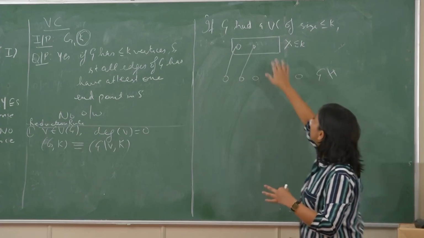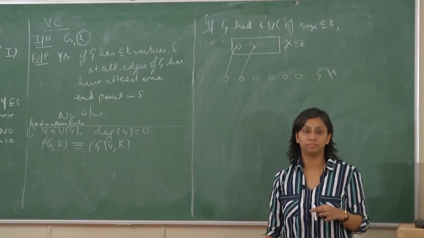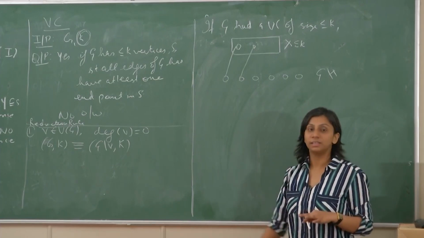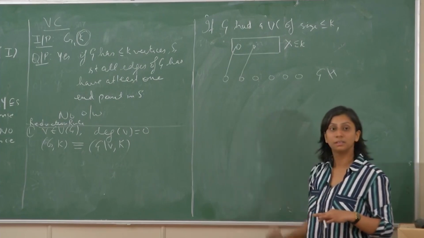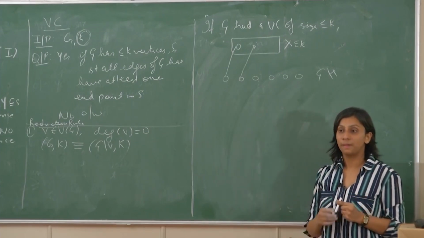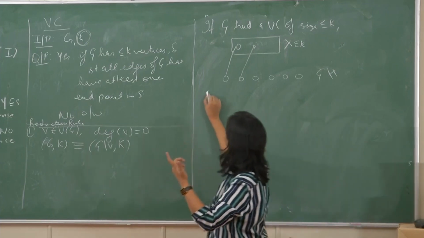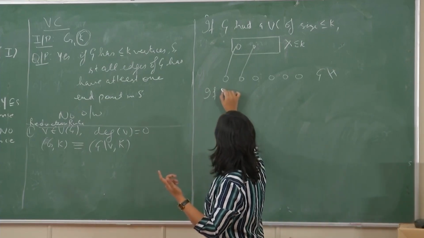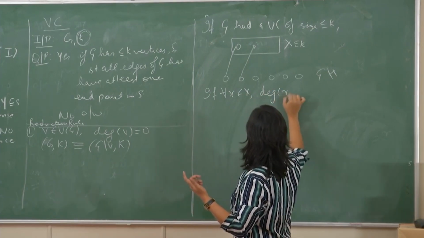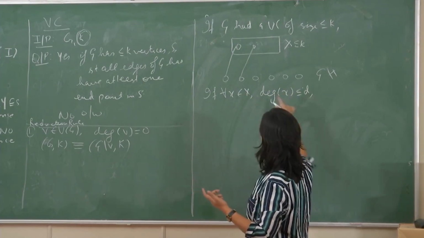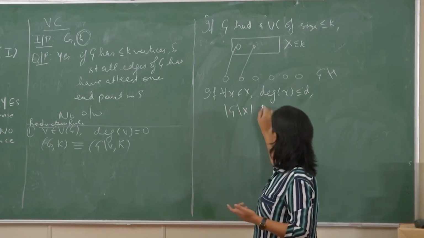For example, suppose I knew that each vertex in X had small degree, say degree d. Then how many vertices can be there here? X times d. So suppose I tell you that for all x in X, the degree of x is at most d, then what will be the size of G minus X?